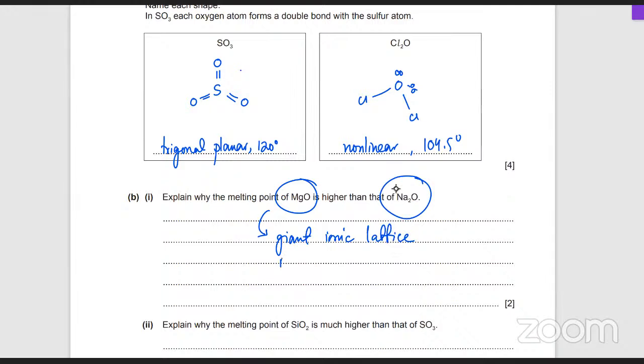The Mg2+ ion has a greater charge density compared to Na+.